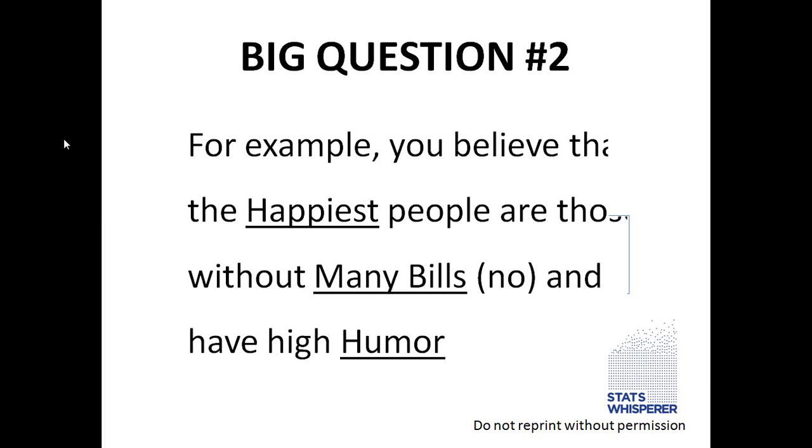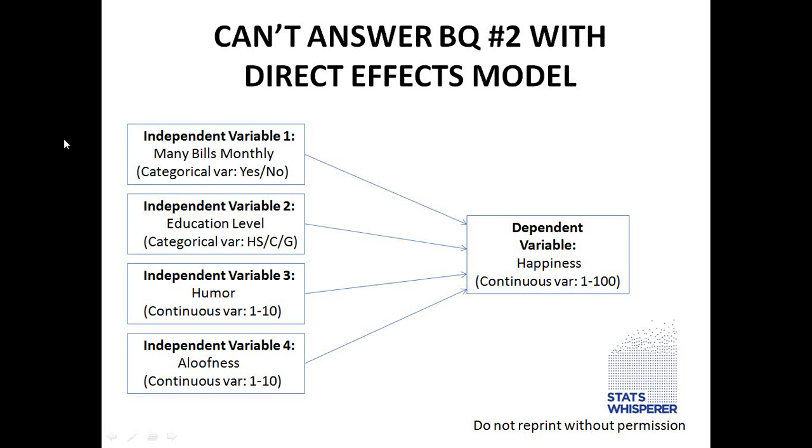So when you look at our figure, you can see that you can't tell that by this analysis, how it's structured. What we're looking at here are what they call direct effects, right? So when we say, how does many bills monthly relate to happiness? That's a direct effect.